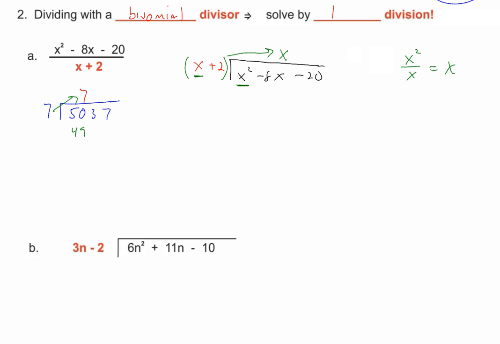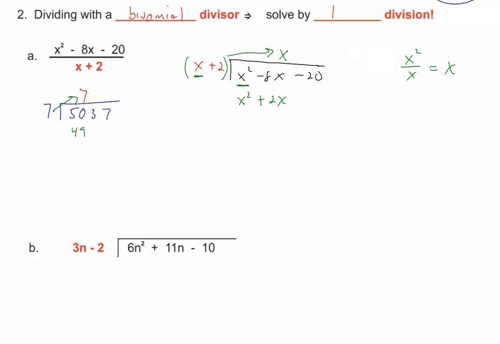Okay, so somebody tell me, what do you get when you multiply x plus 2 times x? John? X squared plus 2x. How many agree with John? X squared plus 2x. Yeah, exactly right. You're distributing. X times x is the x squared.